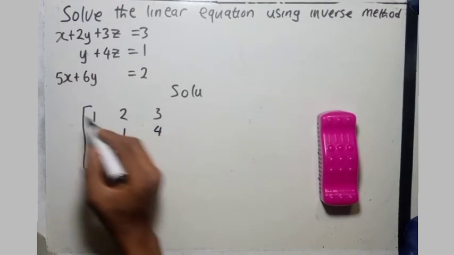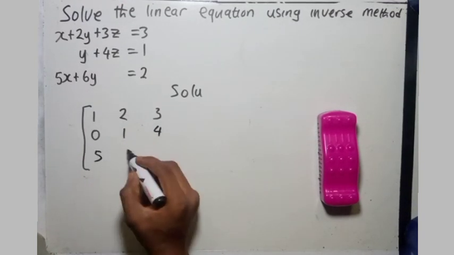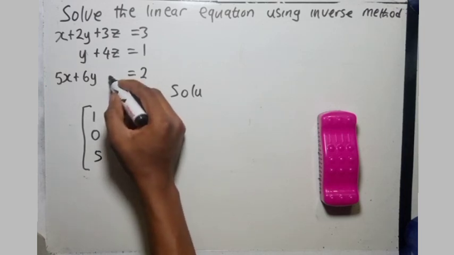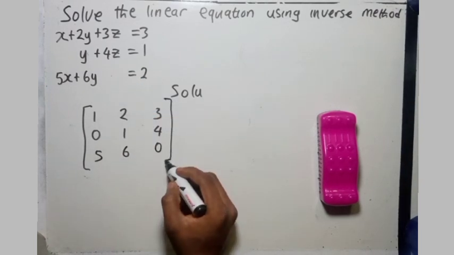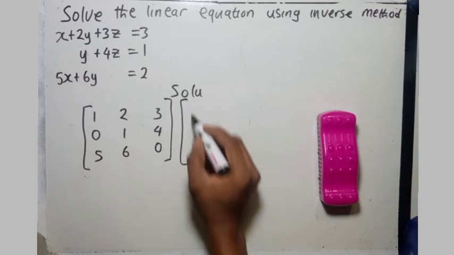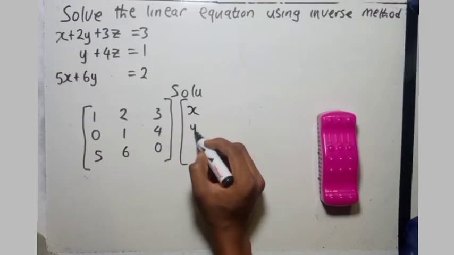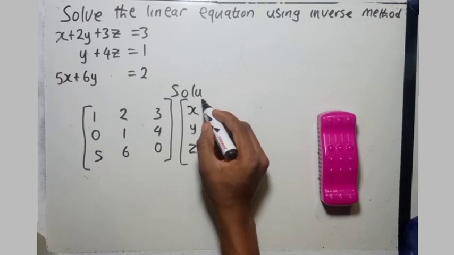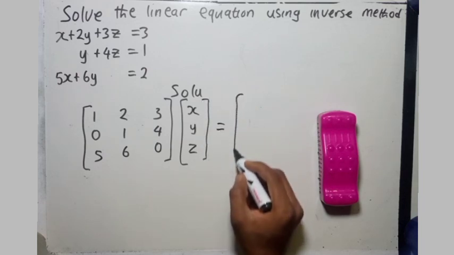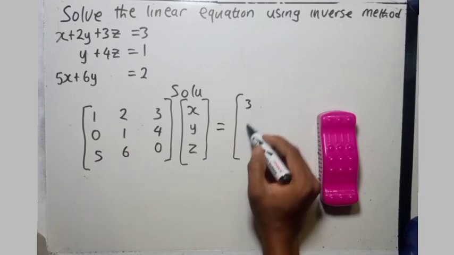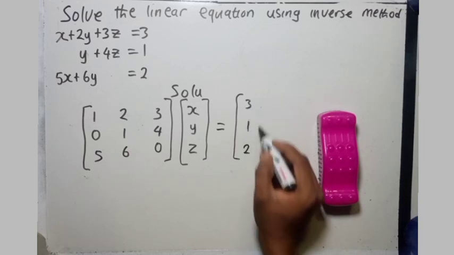Here is 4. Here is 5. Here is 6. We don't have any z here, so here will be 0. I will be multiplying it by our x, y, and z, and all of them will equate to 3, 1, and 2.